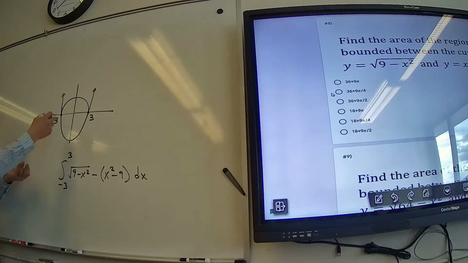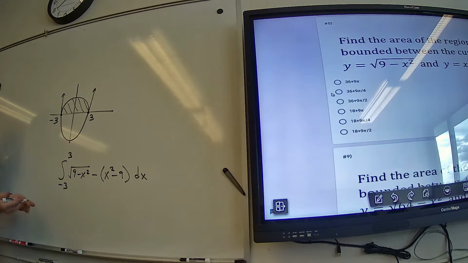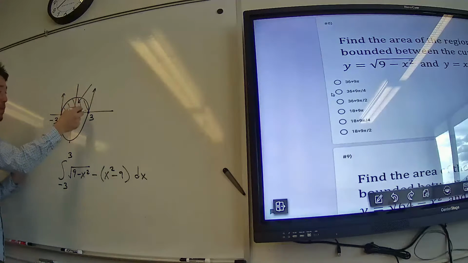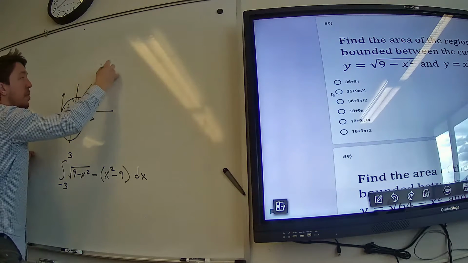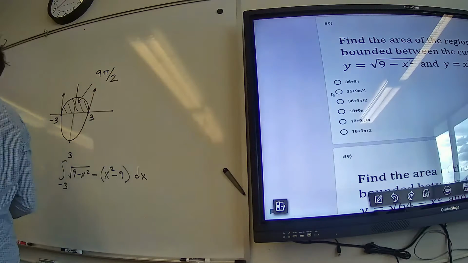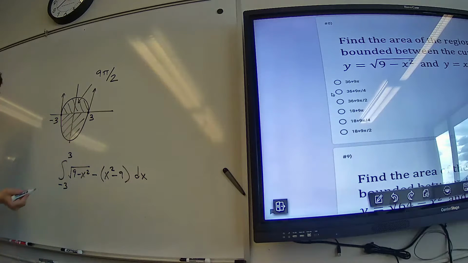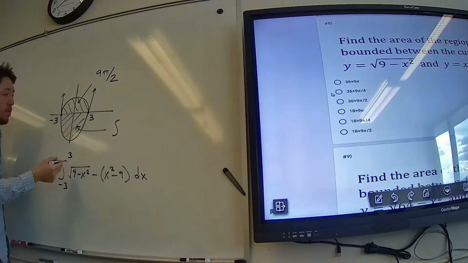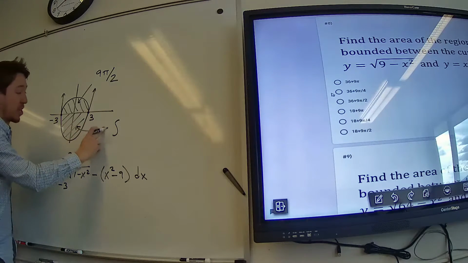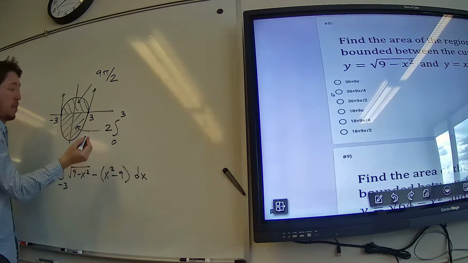What we can do though is just find this area. That's half a circle. The whole circle would be 9 pi, so this area is 9 pi over 2. Okay? And then we've got to find this area, which we add on. Well, this area would just be the integral. An easy way to do this one is to go from 0 to 3 and then double it.